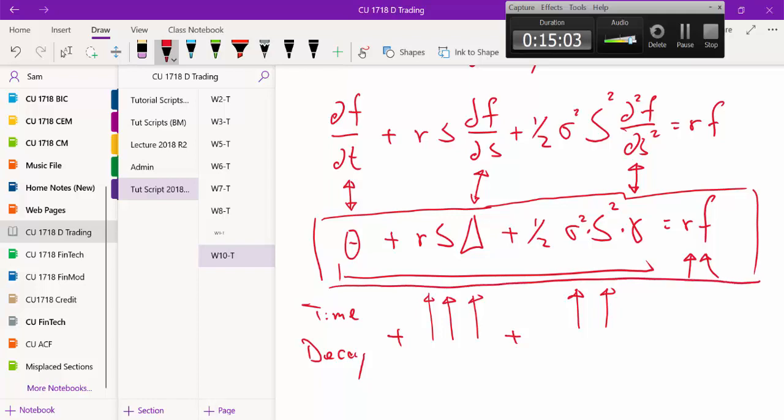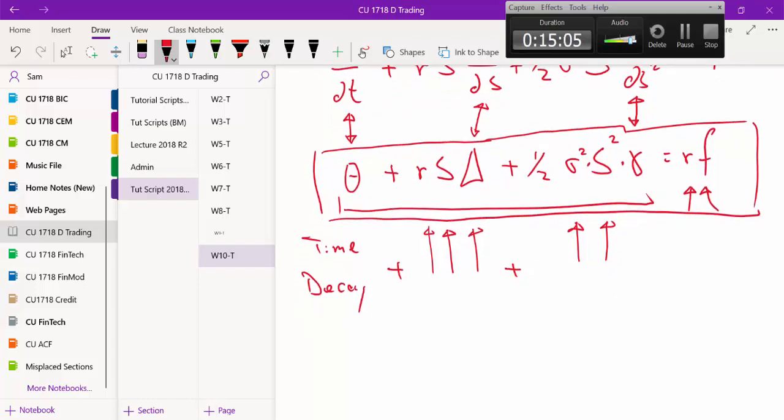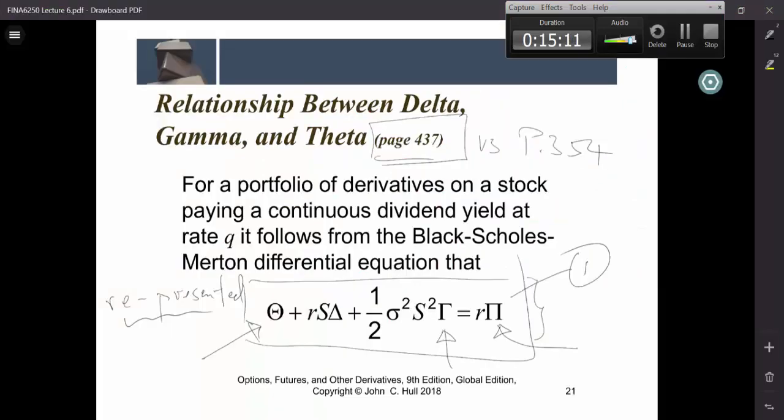So this formula is in fact the same formula that was presented to you in lecture 6 on page 21, except that it is quite confusing. The notation that they are using there is pi.